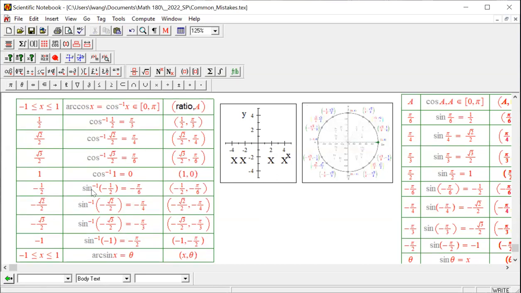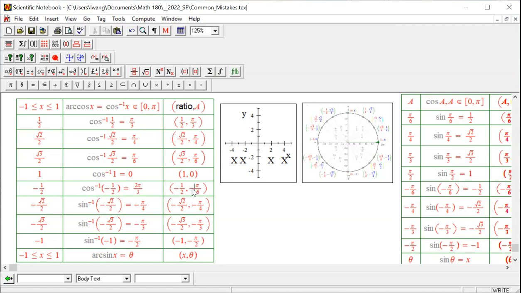Okay, and then arc cosine of -1/2, where would it be? Yes, it's going to be 2 pi over 3.